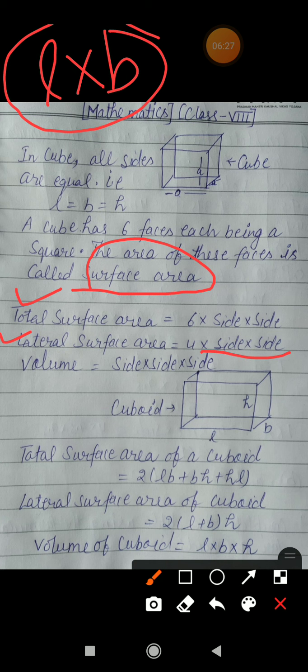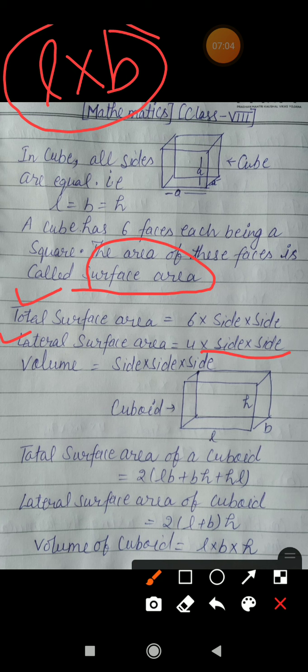What is the meaning of volume here? First of all, I have to tell you something. If you have to fill any type of shape with water, just like you have to fill a box with water or with chocolate, then how much chocolate or water that box contains is known as the volume of that shape.